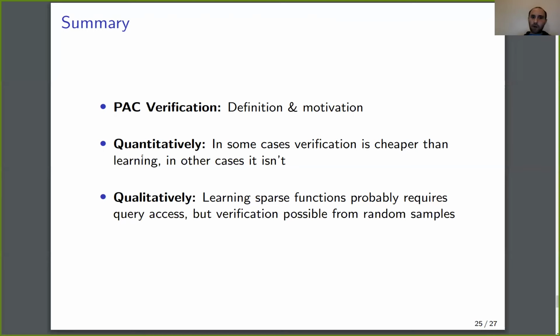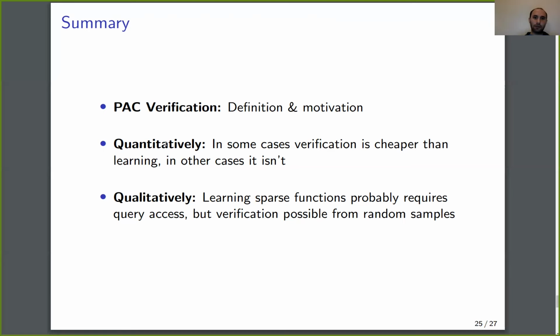Then we discussed quantitative separations between learning and verification. We saw that for some classes, verification is cheaper, requires fewer samples, and actually it also requires less runtime in that particular example, the example of the d-threshold functions.